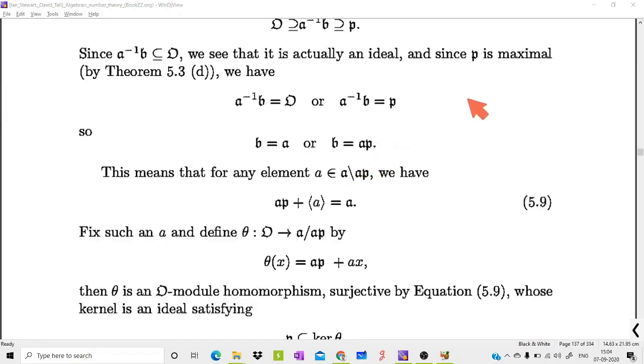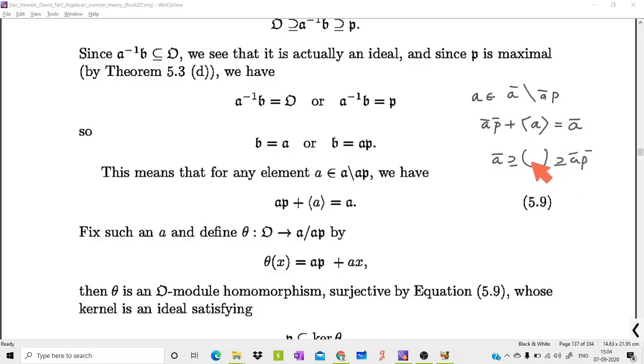This means there is no ideal in between A and AP. If you consider a belonging to A minus AP, you can get the ideal generated by AP plus the ideal generated by a. This a is not in AP, so this is always an ideal which is strictly greater than AP. So this should be equal to A, because we know that there is no ideal strictly in between A and AP.